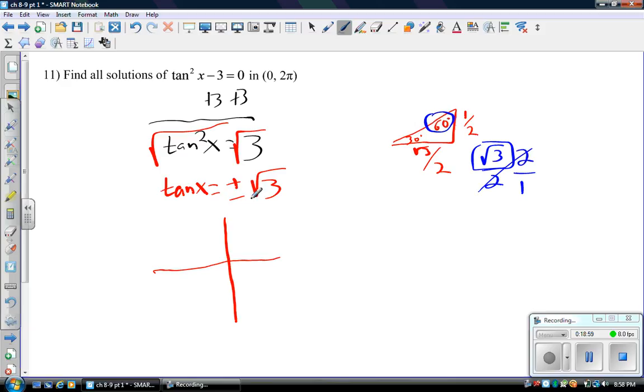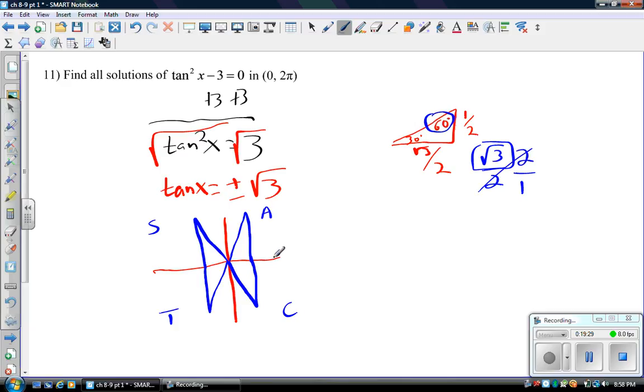Now, the fact that it says plus or minus, and this will happen on the test, simply means that it doesn't really matter what quadrant I'm in, because if it's positive, hey, or if it's negative, there. So basically, every 60 degree reference going around the unit circle. So 60 degree reference there, 60 degree reference there, 60 degree reference there, 60 degree reference there.